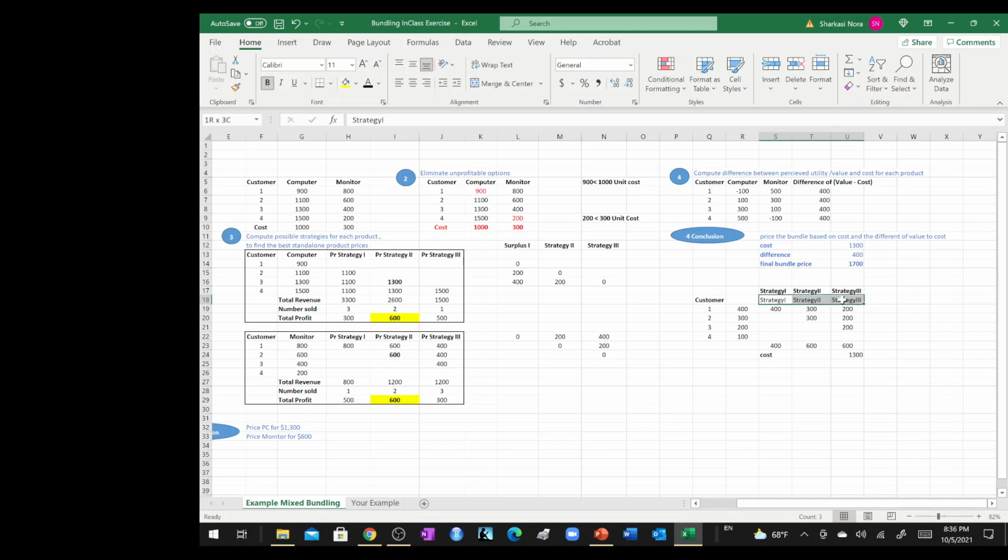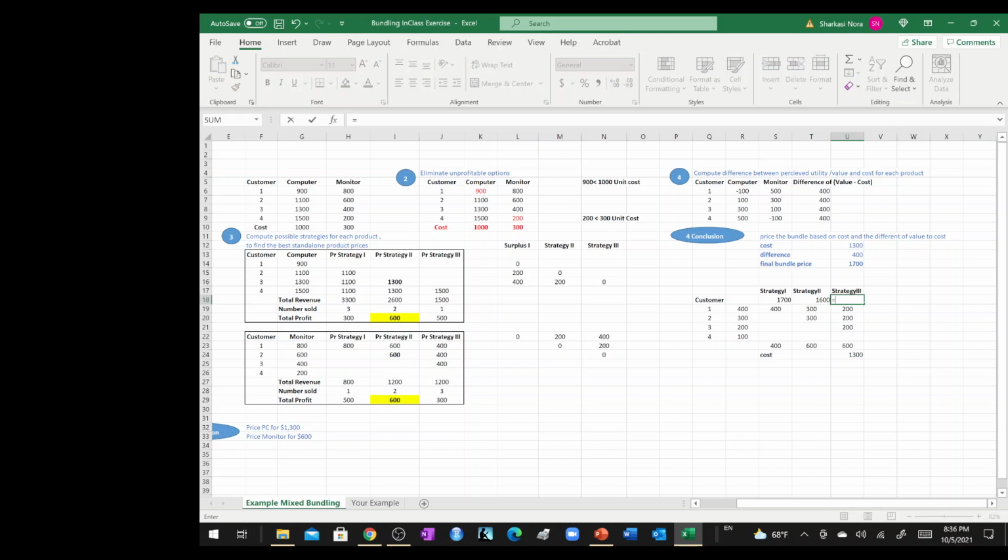So in strategy 1, the price is going to be the cost plus this guy over here, 400. Over here it is going to be the cost plus how much? 300.